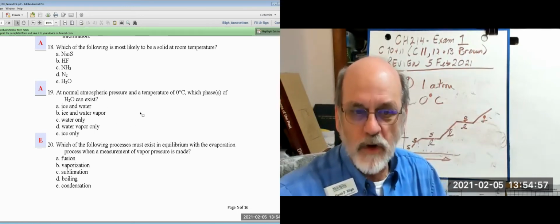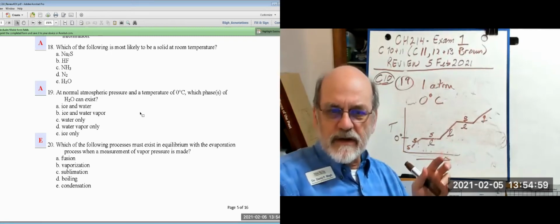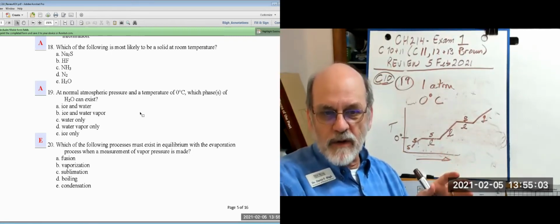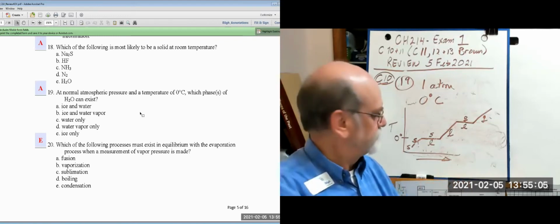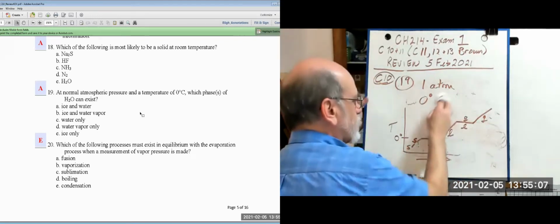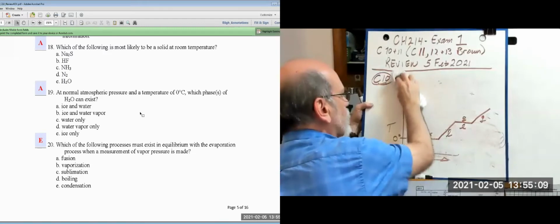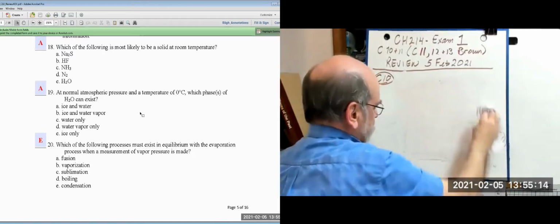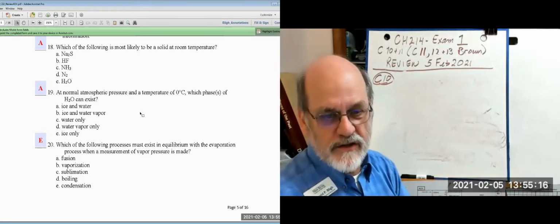20. Which of the following processes must exist in equilibrium with the evaporation process when a measurement of vapor pressure is made? I may have to erase that anyway, because I don't have a lot of space. So what are the conditions that were given?